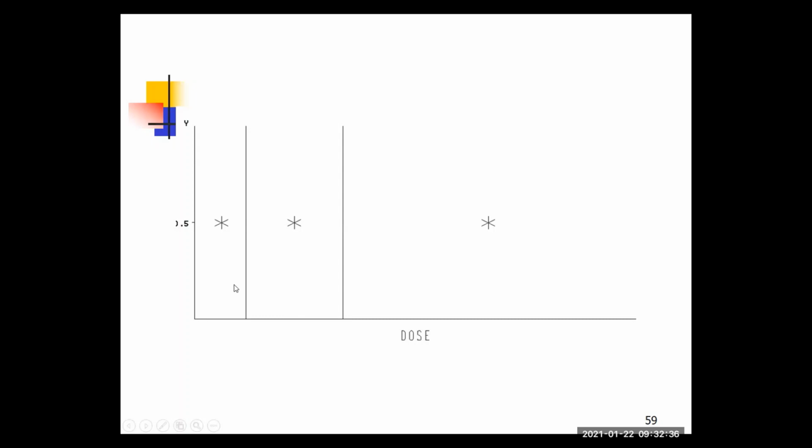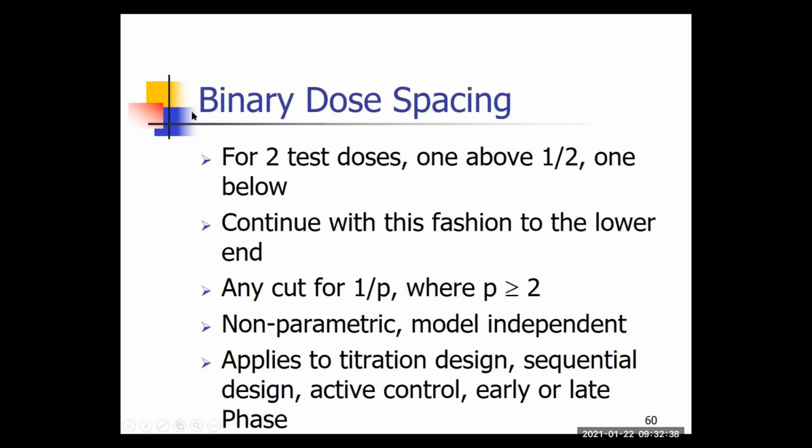So I call this binary dose spacing, BDS. The thinking is that for 2 test doses plus placebo, I'll keep 1 dose above 1/2, one dose below 1/2. And I continue this fashion to the lower end. And any cut, I can take 1 over p as long as p is greater than or equal to 2.